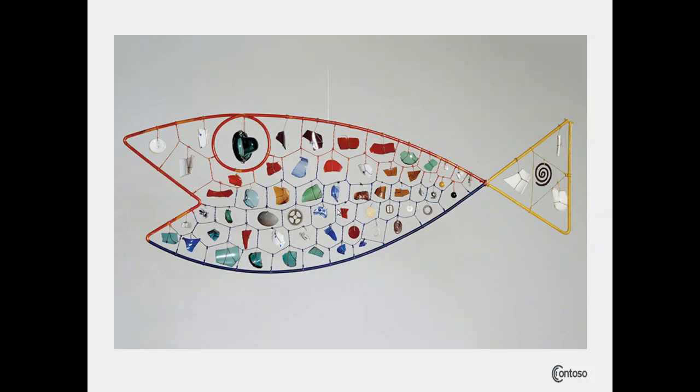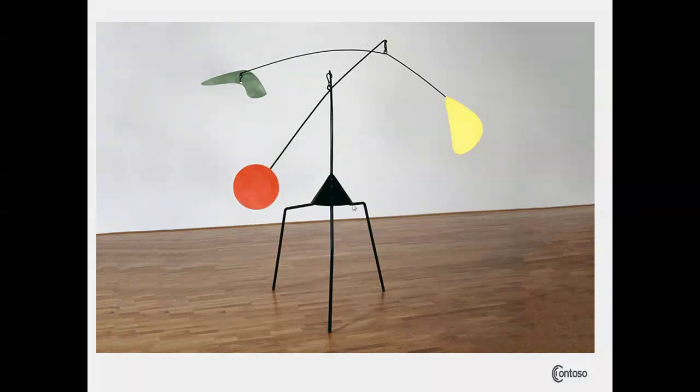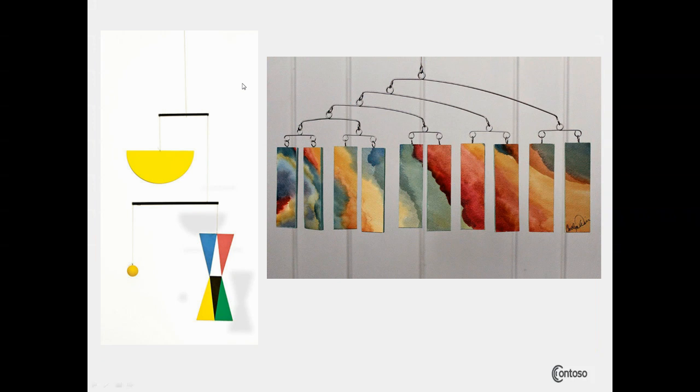Just another example. So the main string is there, and these are a combination of different types of objects or elements combined to create this whole mobile art. And here it has actually a stand to support the branches or the wire where the decorative elements are connected or attached.